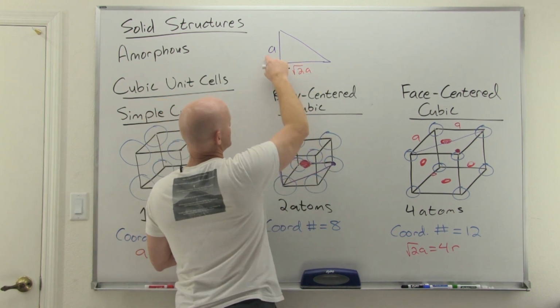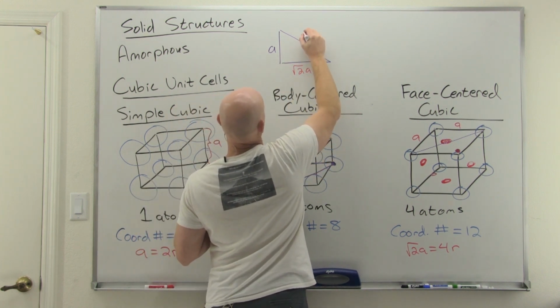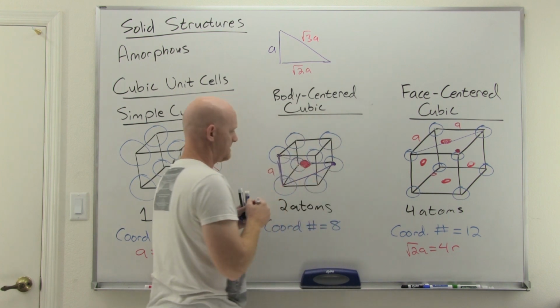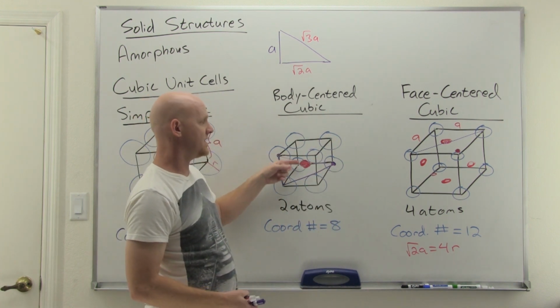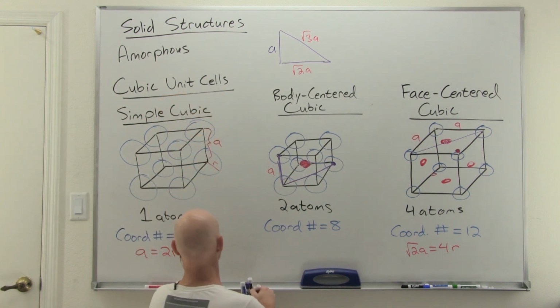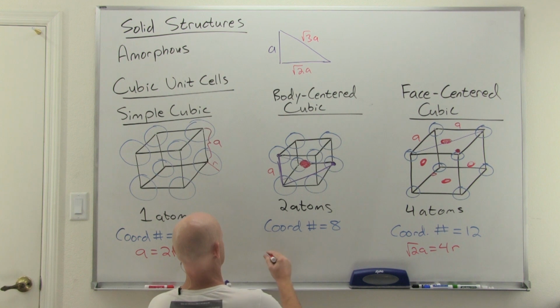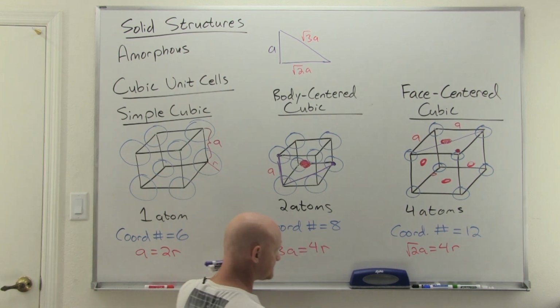And if you work that out with the Pythagorean theorem, A squared plus B squared equals C squared, this comes out to equal the square root of 3A. And that square root of 3A right across the body diagonal is, again, comprised of 4 radiuses. And so we get our last relationship here, square root of 3A equals 4R.